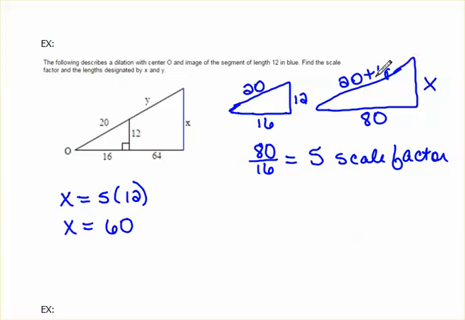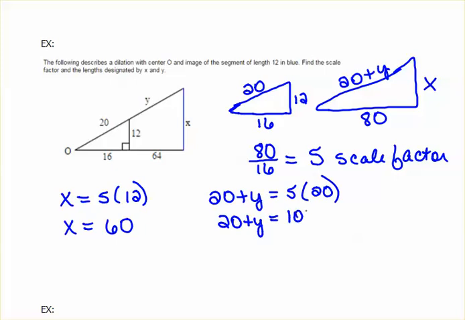And we can also figure out what y would be, because we know that this side here of 20 plus y has to equal 5 times that original side of 20. So that means that 20 plus y has to equal 100. And if I scoot the 20 over, subtracting both sides by 20, we get y equals 80. So now we know what all of our missing parts are.